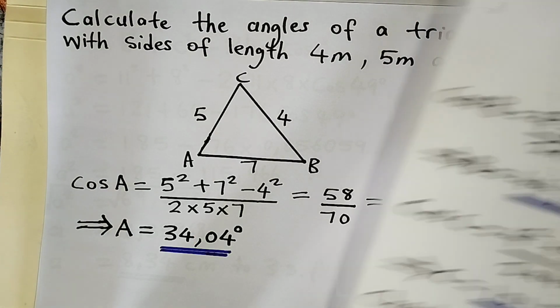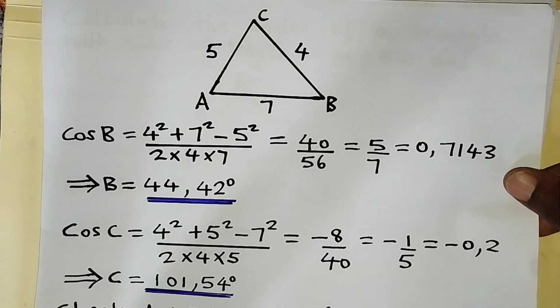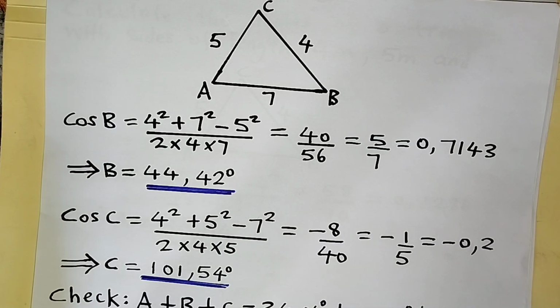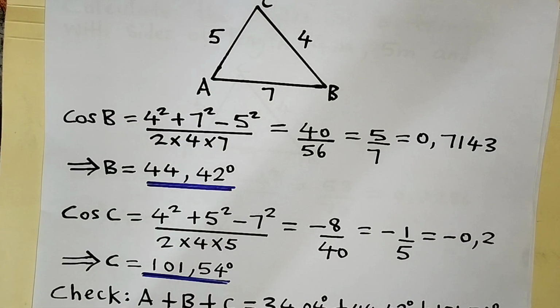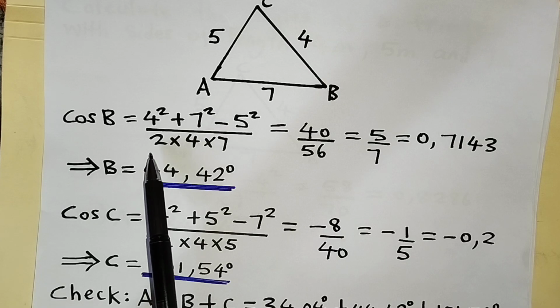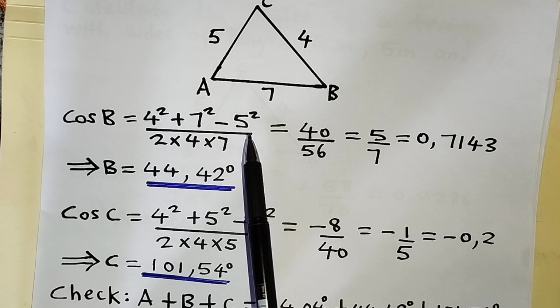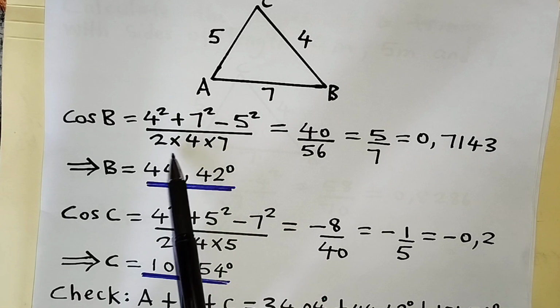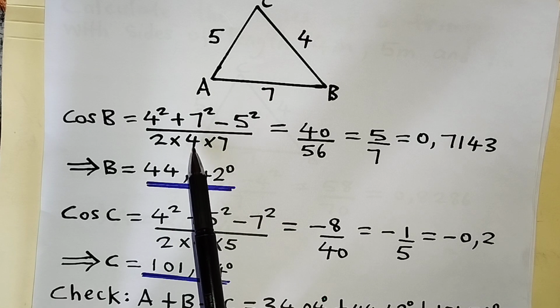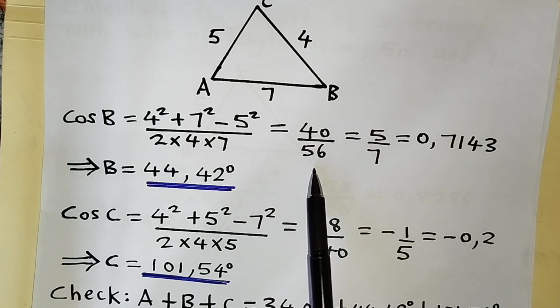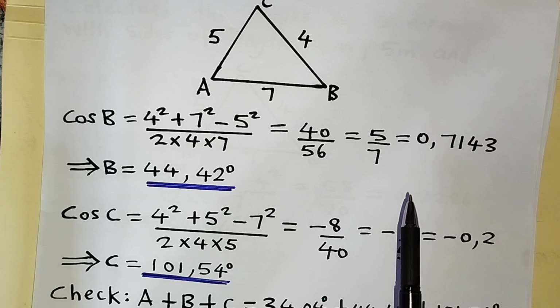Okay, now I want to find the angle B. Using the cosine rule, cos B equals the sum of the squares of the side lengths which contain angle B, which are 4 centimeters and 7 centimeters, minus the square of the side which is opposite angle B, over 2 multiplied by one of the sides which contain angle B times the other side which contains angle B, which gives us 40 over 56, which is 0.7143.